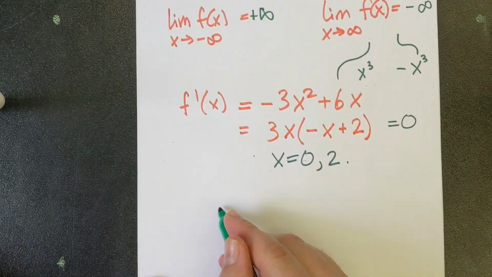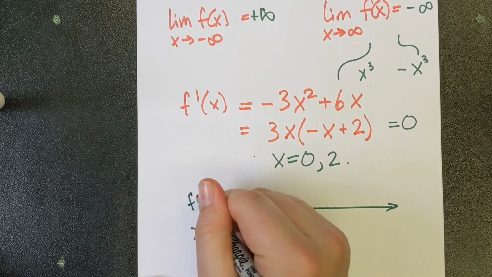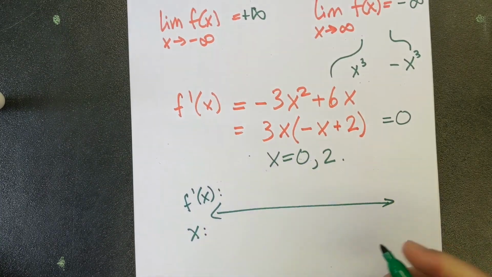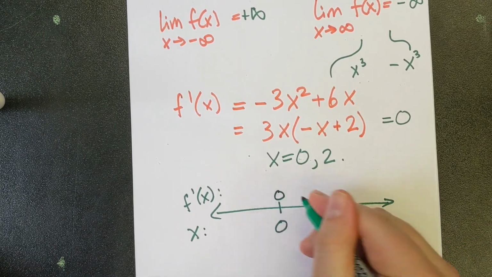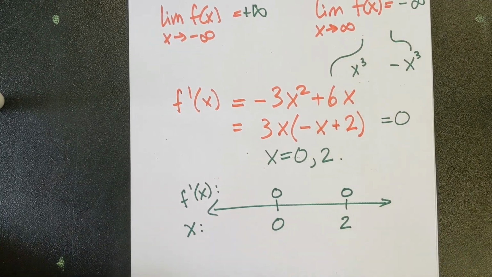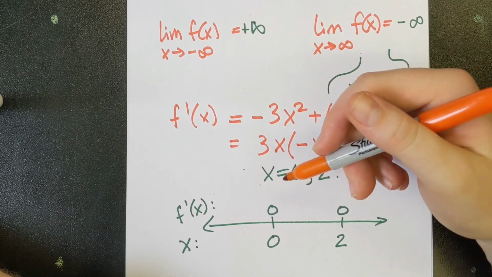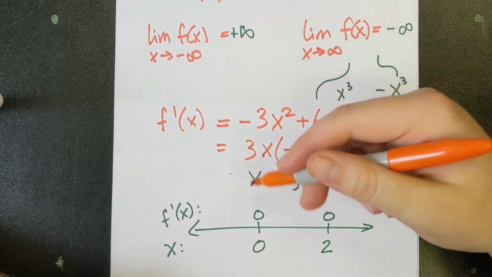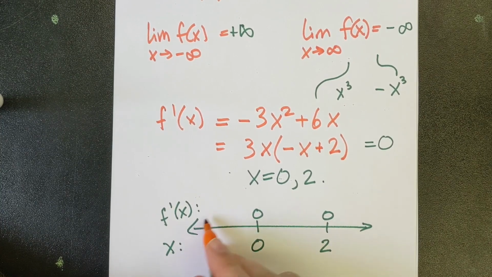And so what I'll do is I'll make a little line. These are my x values, and I'm thinking about what's going on with the derivative. I have 0 and 2, and at those values, we just said the derivative is 0. Now we're going to test some points in between and think about what the derivative does. The intermediate value theorem tells us that if I'm negative at one point, I'll be negative on the whole interval.